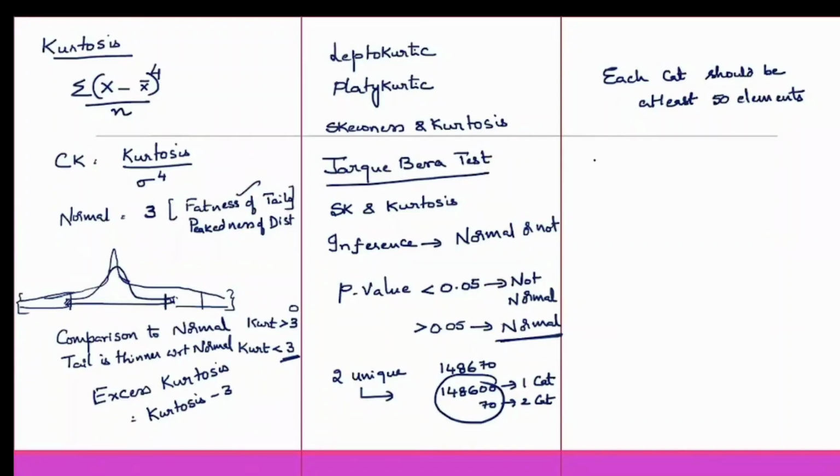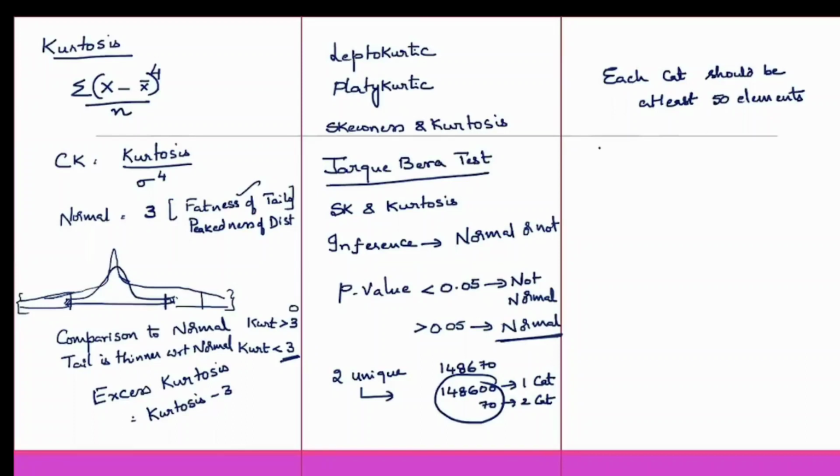We build the model only on the training data. So if the number of observations of a particular category is very, very low, then that particular category would not contribute much to your understanding. So from that perspective, what is typically suggested is each category should have at least 50 elements. And if there is any category in a particular variable which has much fewer than that, it's better to remove that category from the study.